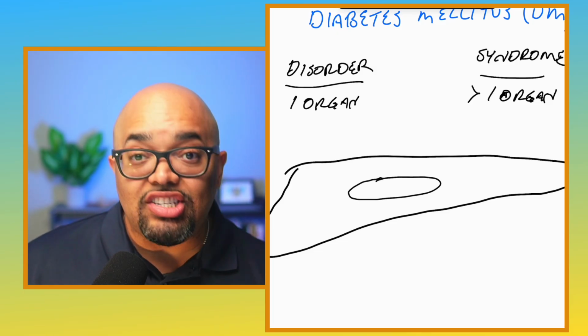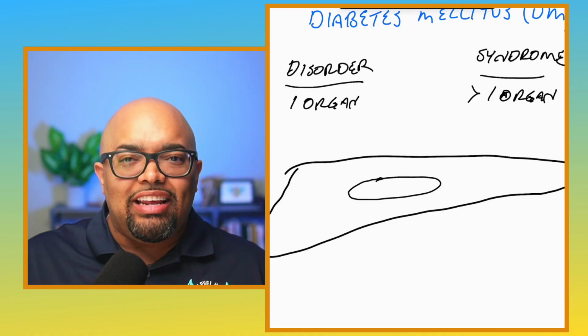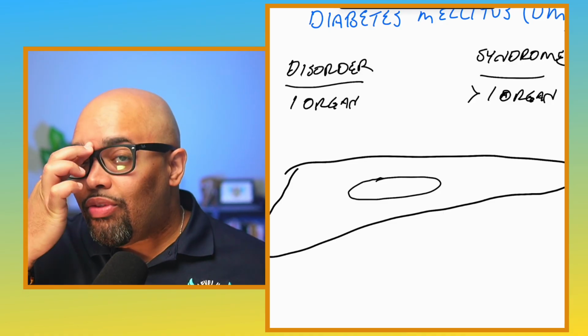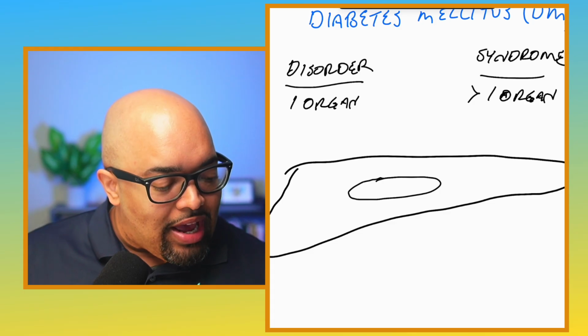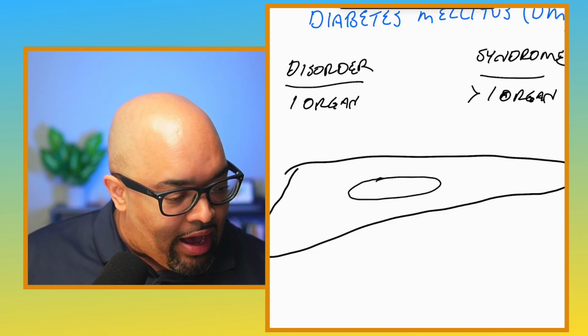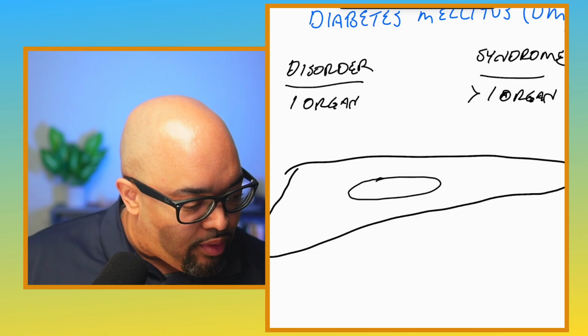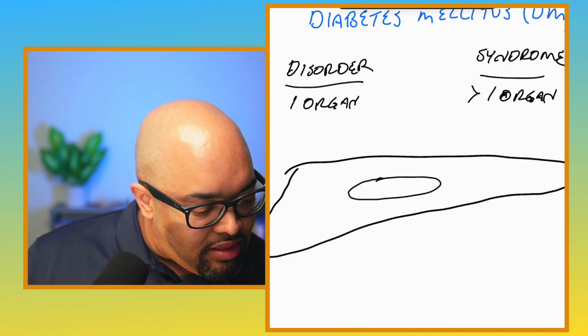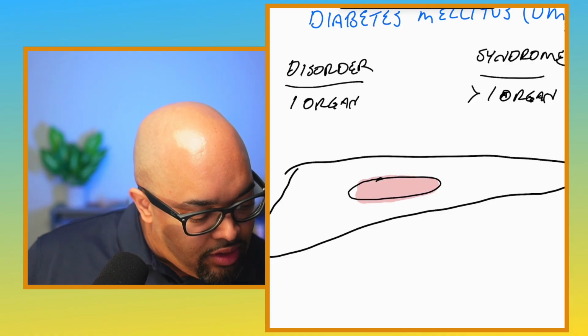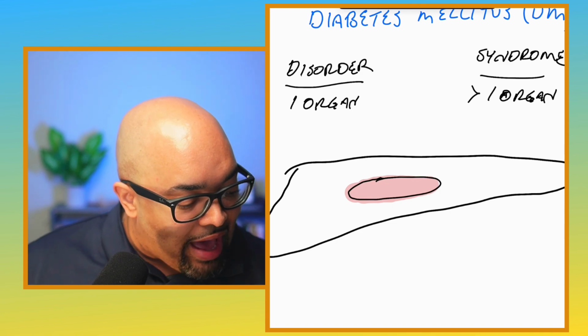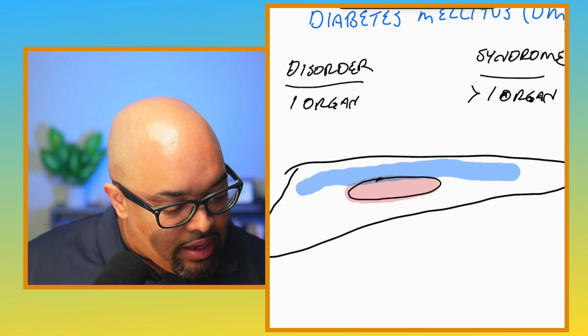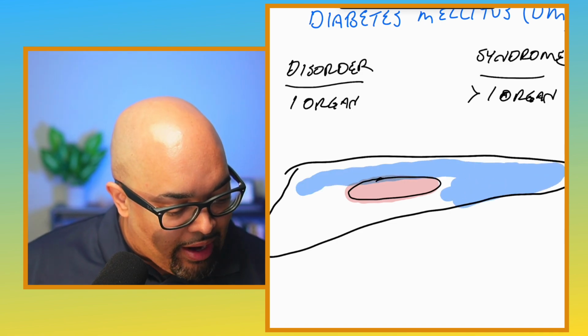We have this kind of section in the middle. It looks like an island, right? So that island in the middle is what's known as the islets of Langerhans. Let me just highlight that for you for a moment. So this section in the middle is the islets of Langerhans, and then this section on the outside is the other part of the pancreas.